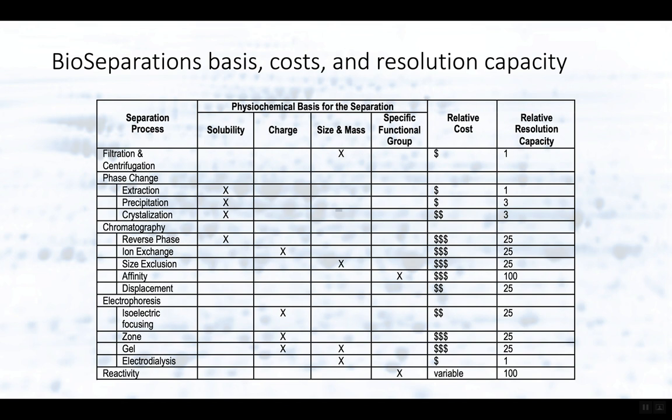What's the size of the molecule? How can we take advantage of size or mass in our separation? And what specific functional groups are around, because that makes a big difference for certain types of separations. The only process that we don't explicitly talk about in the book is reactivity, because that's very, very specific.